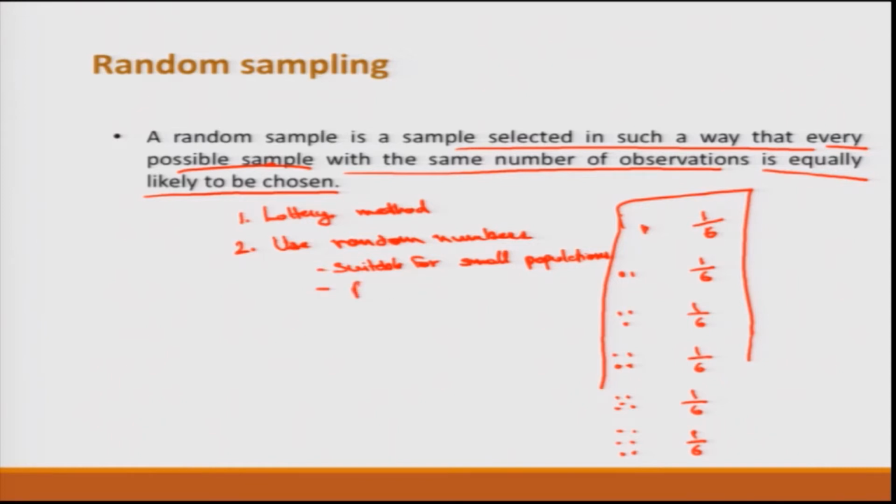We call it PPS. If the size of a unit varies, the probability is proportional to size.